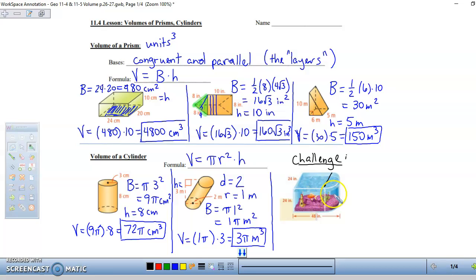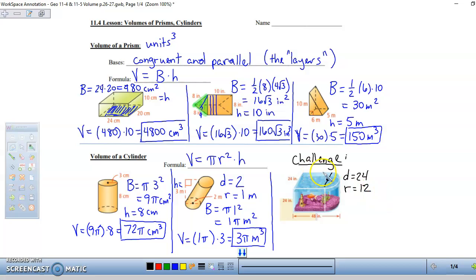So what dimension we're missing is the radius for this. And what we're going to do is use this 24 to help us figure out the radius. So the radius should be in the middle here. And if all the way across is 24, so in other words, the diameter is 24, then the radius should be 12.